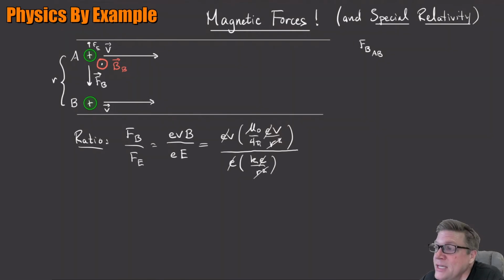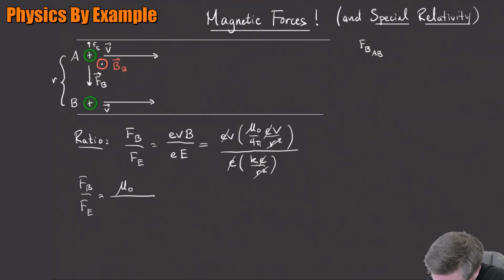That's nice. So our ratio, FB to FE, what do we have left over? It's just mu naught, and I'm still going to have my V, and then, oh, V squared, right? There's another V up there. And then I'm going to have my 4 pi times our K. So let's rewrite it.